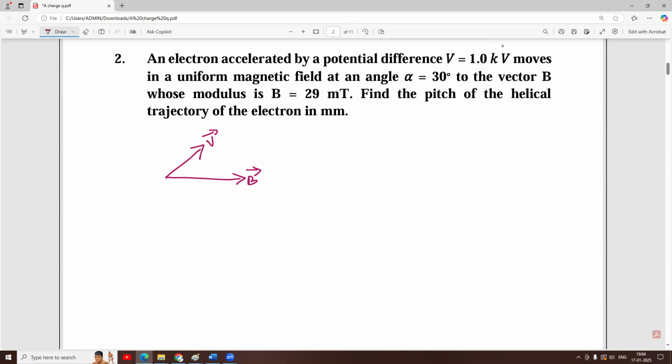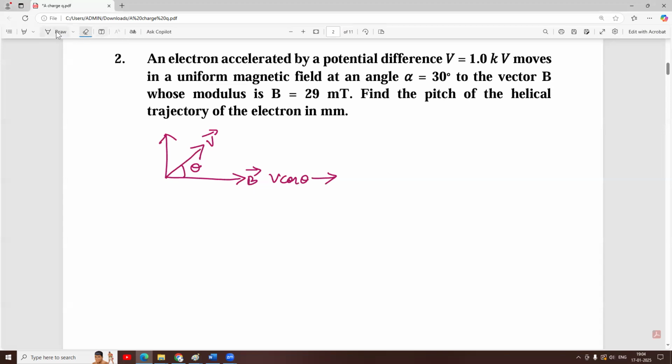Then one component of this velocity, v cos theta, will take it along the direction of the magnetic field, and another component of velocity, v sin theta, will make it move in the circular path.